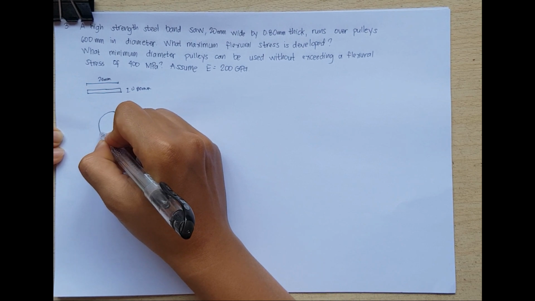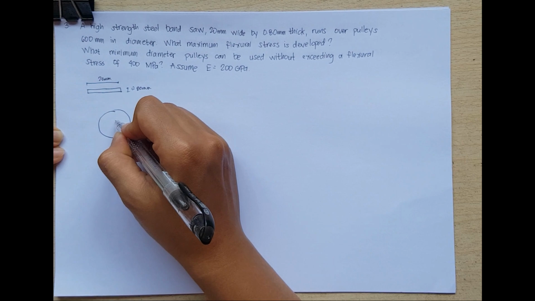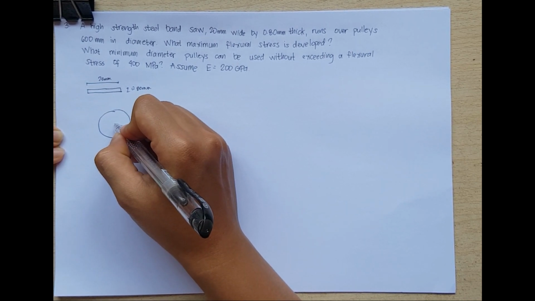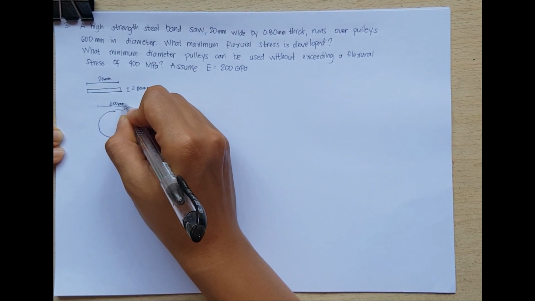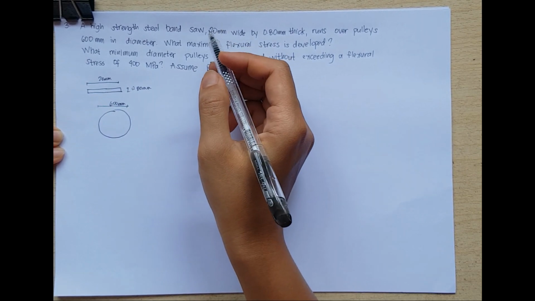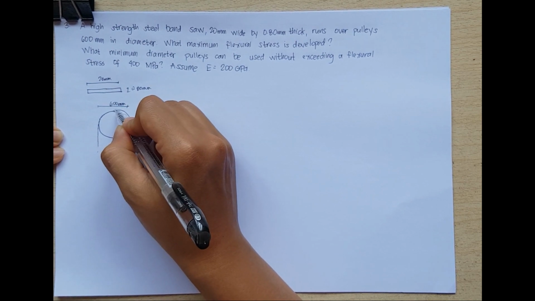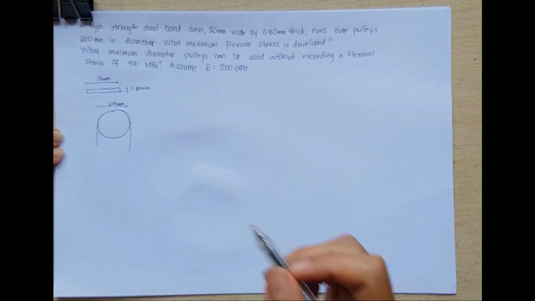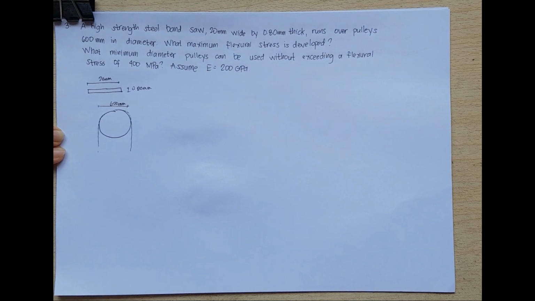So, let's say this is the pulley with a diameter of 600 millimeters. The steel bandsaw is running at this part, so it just rotates here. And then, we will determine the maximum flexural stress that is being developed.